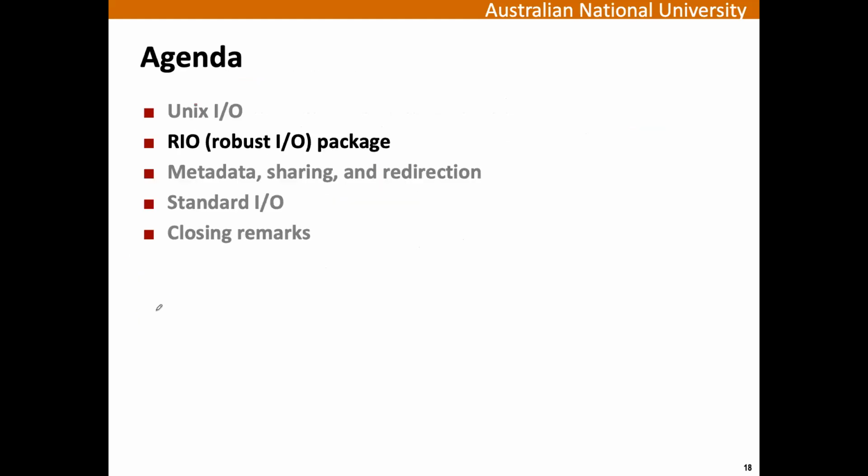All right, so now we're going to look at a robust I/O package. So this is once again part of your API that we provide you, csapp.h, and the corresponding C file is csapp.c. So you'll be using that in assignment 2 and in subsequent labs, networking and all.